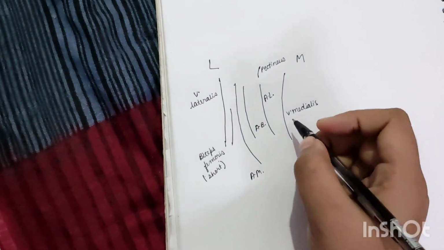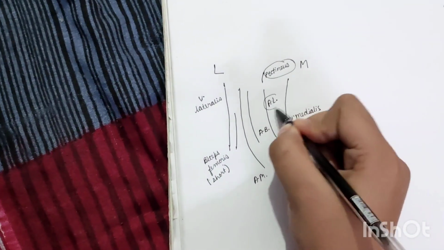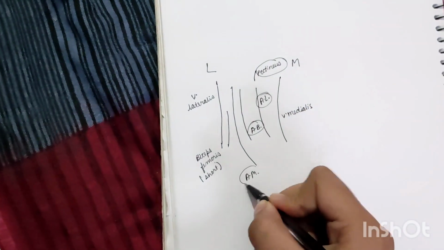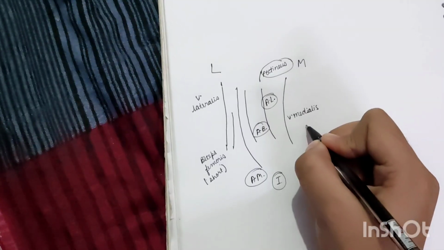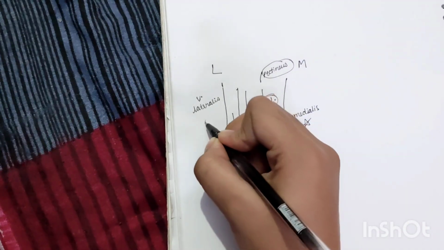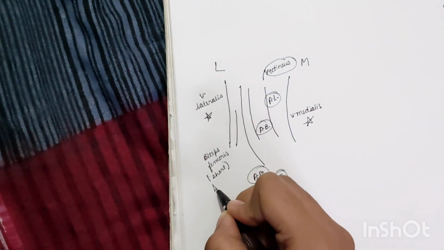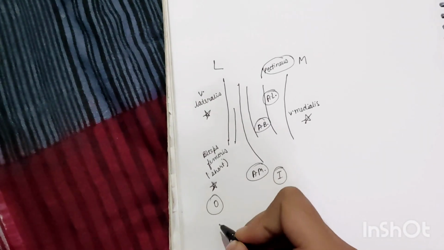So these muscles, that is the pectineus, adductor longus, adductor brevis, adductor magnus, all have the insertion, and the muscles vastus medialis, vastus lateralis and short head of the biceps femoris have the origin.